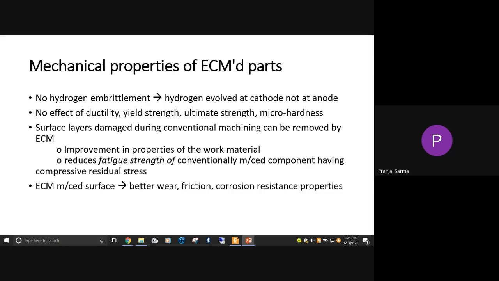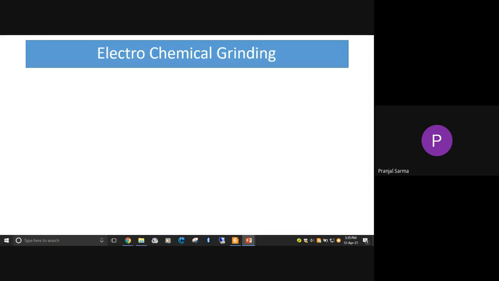Even surface layers which are generally damaged in normal conventional machining processes can be removed by ECM. So it improves the properties of the work material and also improves the fatigue strength of components. Generally, the ECM machined surface is seen to have better wear, friction, and corrosion resistant properties.